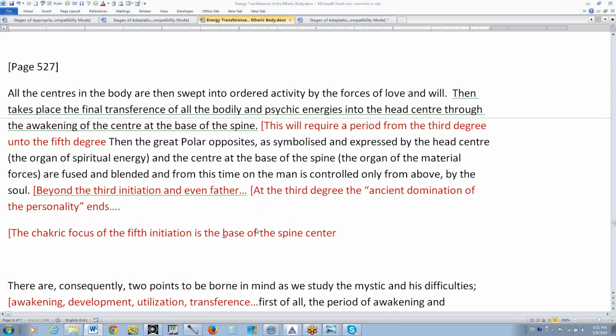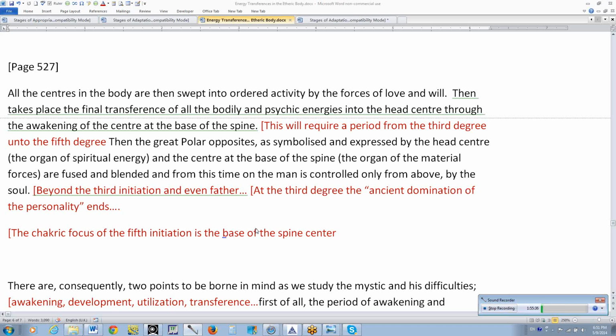And then I would say that from the third degree through the fourth and even to the fifth, when the man is using the Mayavirupa, there is an increasing rising of that which is at the base of the spine into the highest head center. Certainly it is even more so at the fourth degree than at the third degree.